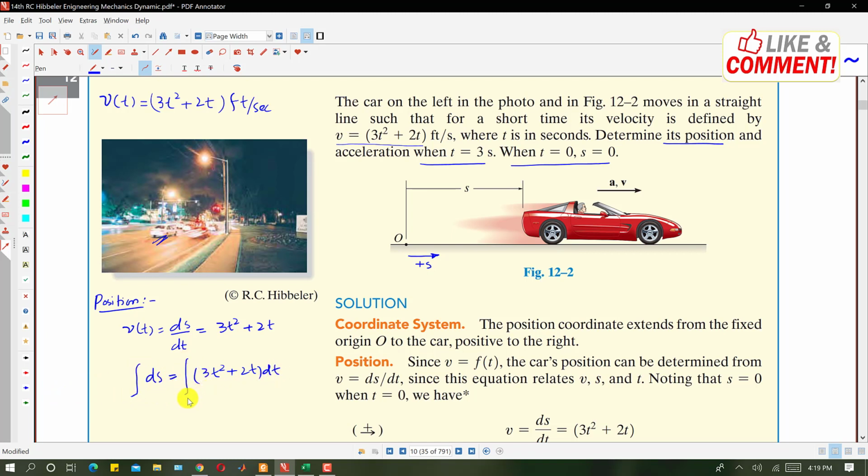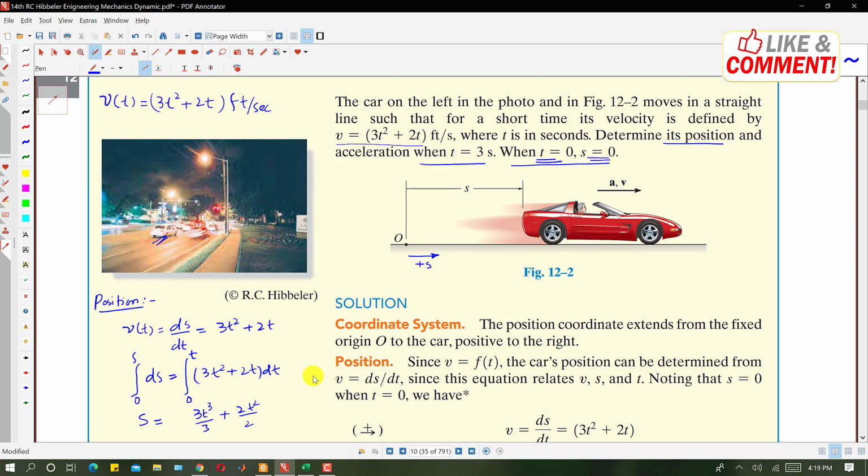At t equals 0, the position is 0, so this will be from 0 to s, and this will be from 0 to t. Now when we integrate this, the left side will be s, and the right side will become 3t cube divided by 3 plus 2t square divided by 2.